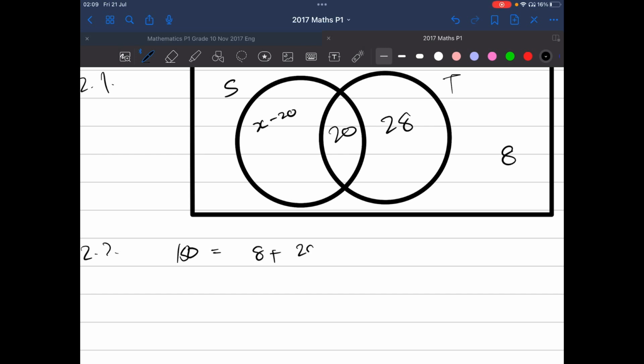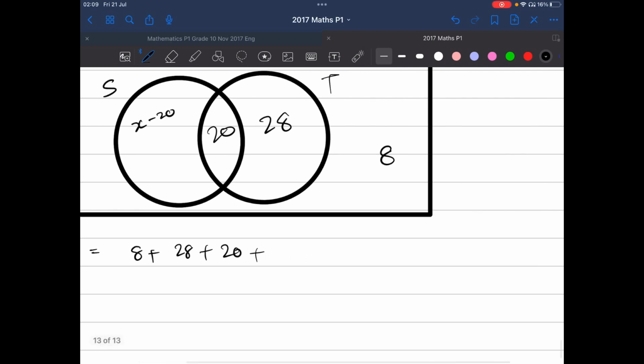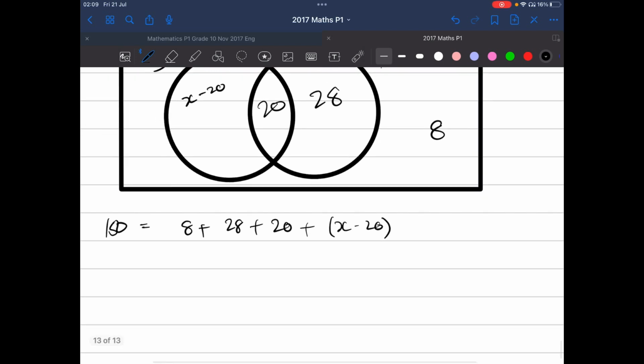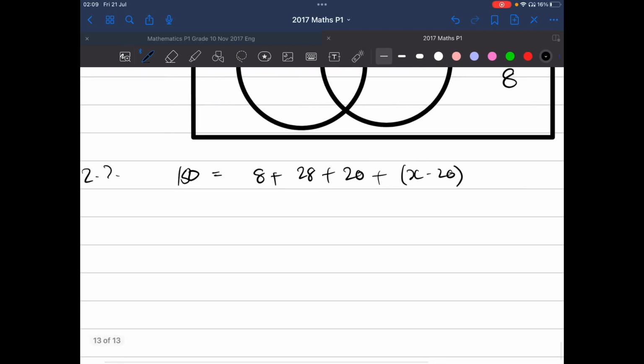Then we have this 28 that own only a tablet. Then we have 20 who own both. And then we have X minus 20 who own only a smartphone. Now you can see we have one unknown, so it's pretty simple. We just take all of these to the other side and subtract it, and the 20 as well, but that's going to become positive 20, and then we can solve for X.